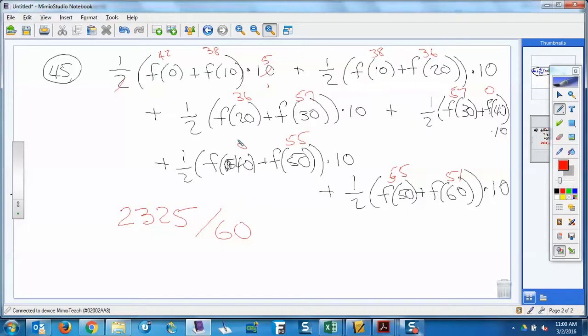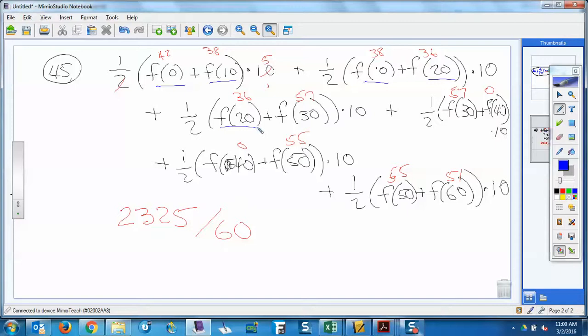And if you did pull out the 1/2 and the 10, what are you left to add up? That y value, 2 of the f of 10s, 2 of the f of 20s, right? Because the right edge of this trapezoid is the left edge of the next trapezoid, right? What are the only ones that go just once? The left edge and the right edge. You use those once, and you use the other ones twice.